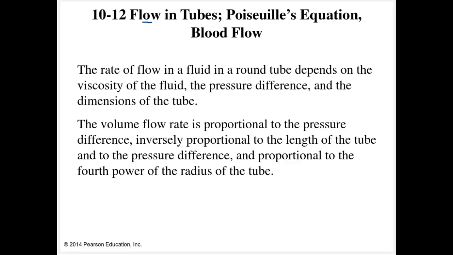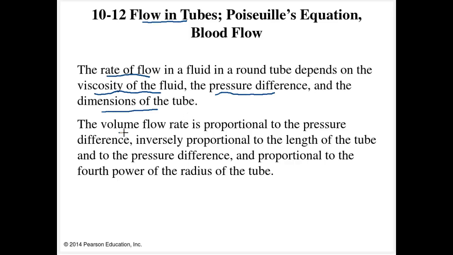So let's talk about the flow in a tube for a second. If we think about the rate of flow in a round tube, it's going to depend on the viscosity of the fluid, how much internal friction it has, how much pressure you're applying to the tube. More pressure, faster flow. And of course the dimensions of the tube. Larger tube, you can get more flow out of it.